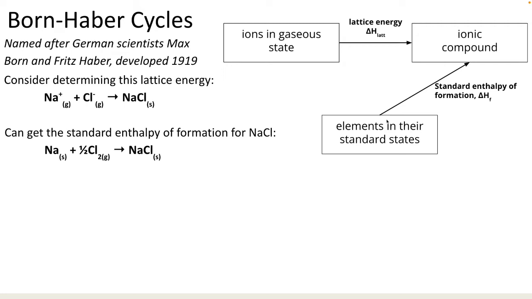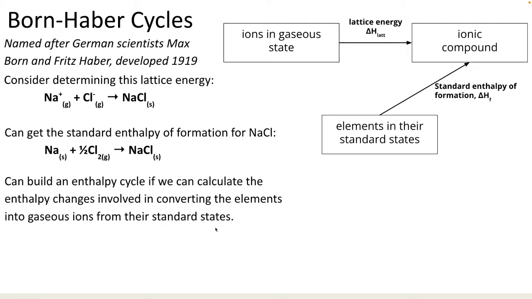So then to finish our enthalpy cycle, as you can probably see, we have to go from the elements in their standard states to the ions in their gaseous states.